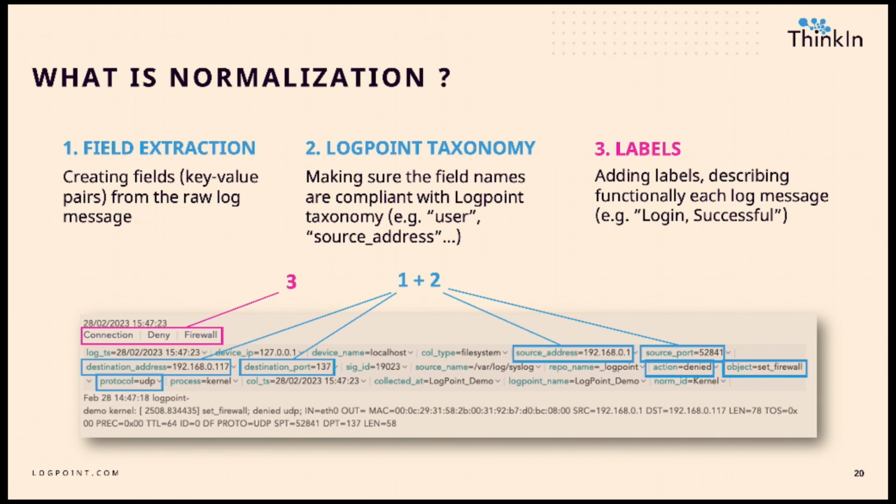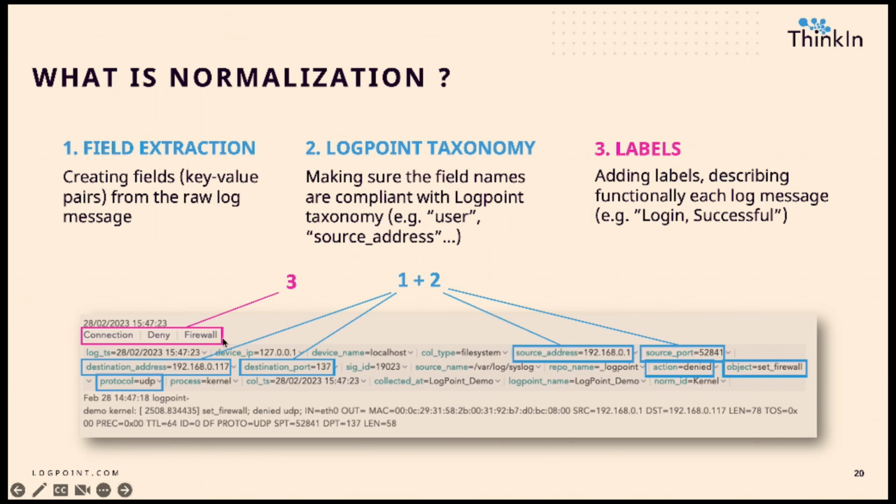But to make it compliant with the Logpoint taxonomy, we renamed it to source_address, and same for different fields here. Then we've added labels so that someone who is not an expert in the internal Logpoint logs can understand what this log is about. So it's firewall logs, and the connection has been denied.